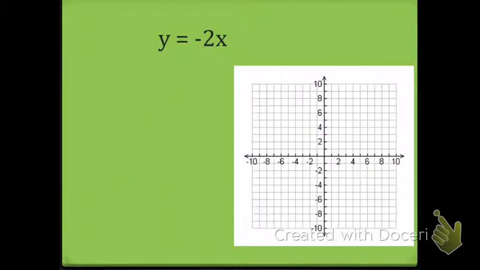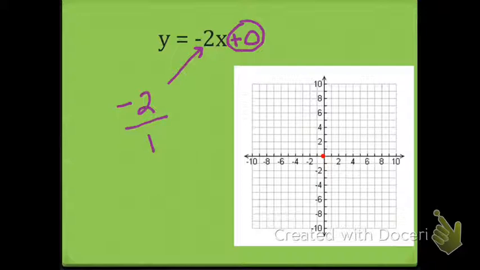On this one, when you go to look for the y-intercept, there isn't one. So you would know that it would be 2x and then plus 0. So you would put your dot right at 0 on the y-intercept. Again, the slope is negative.